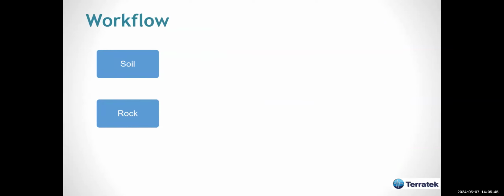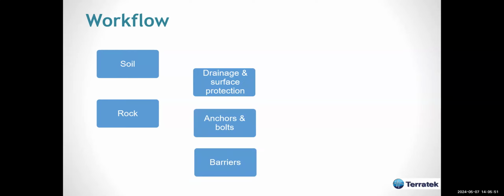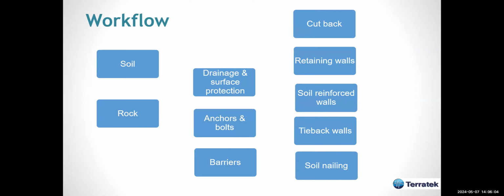So the workflow, either for soil and rock, we are going to do drainage and surface protection. We are going to analyze anchors and bolts and barriers. Today, we tend to use a lot of flexible steel barriers, which we are going to address at the proper time.